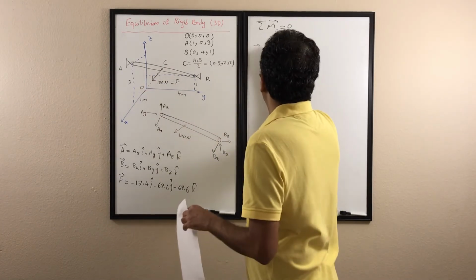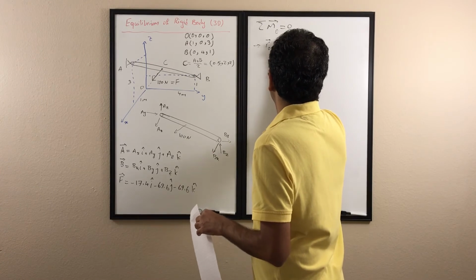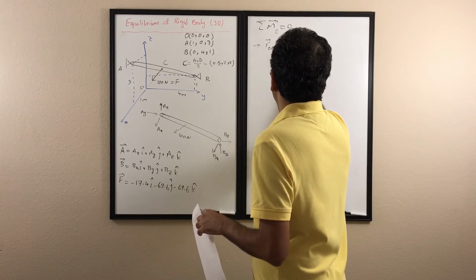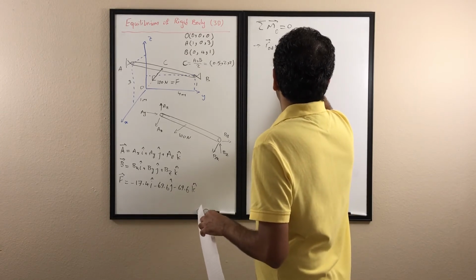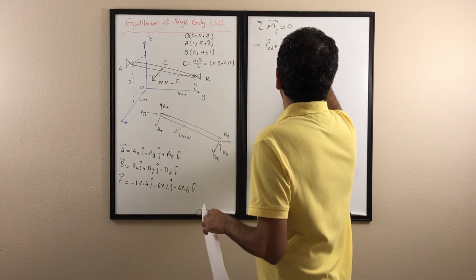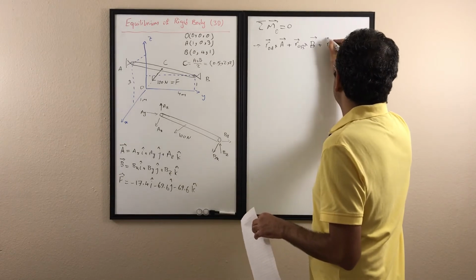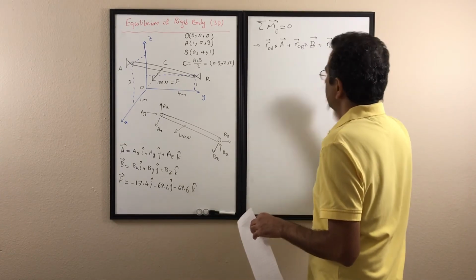So I have ROA, the position vector, cross A, and then I have ROB, the position vector, cross force B, and then I have ROC cross F. This should be 0.